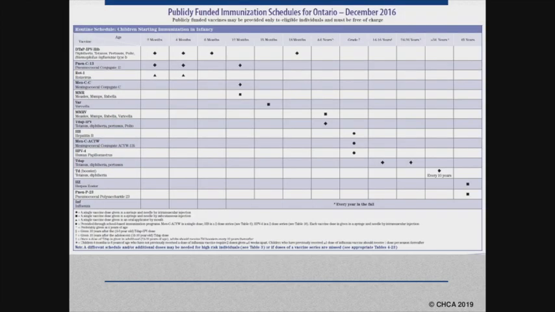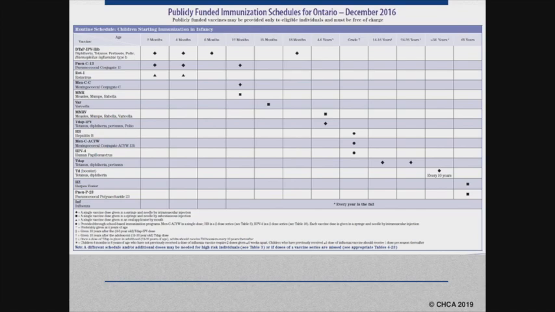This is an example of the Ontario publicly funded immunization schedule. It's important that we do follow these, as this is what is alluded to in the medical directives, following the provincial immunization schedules that are outlined by each province. This, of course, is the December 2016 schedule, and you can see some of the immunizations that we did talk about just recently.